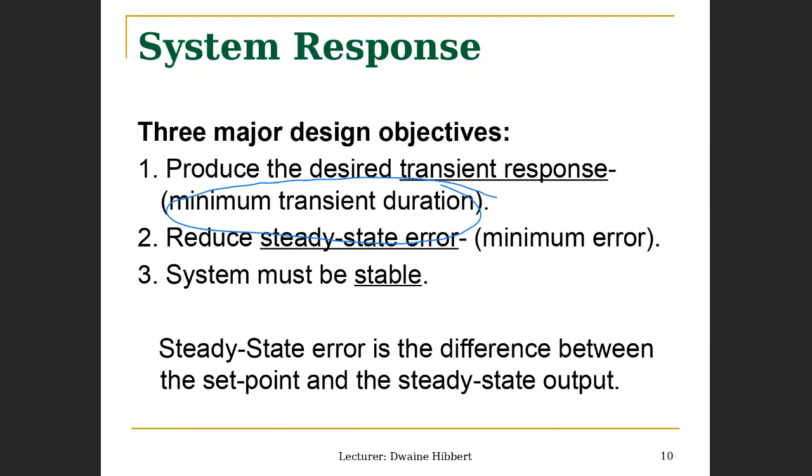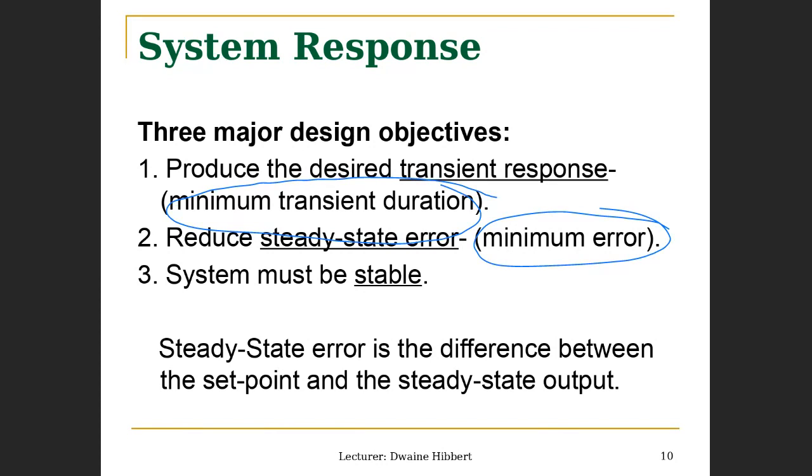Secondly, we want the system to settle with minimum error. So we want to reduce steady state error to zero if possible. Now, in reality, it never goes to zero. It's as close as possible, but in reality, it will never go to zero.